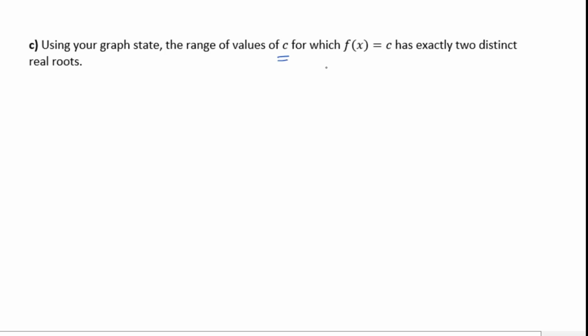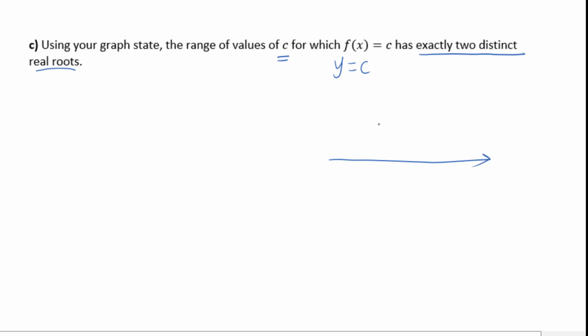Using your graph, state the range of values of c for which f of x equals c has exactly 2 distinct real roots. Two distinct real roots means y equals c, this horizontal line, will cross f of x twice.